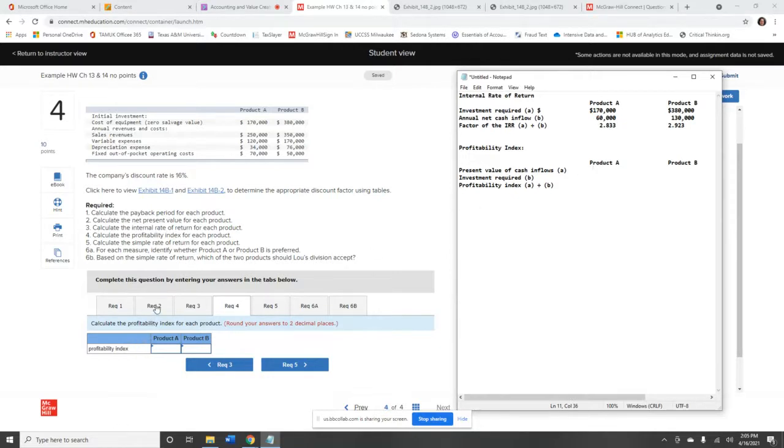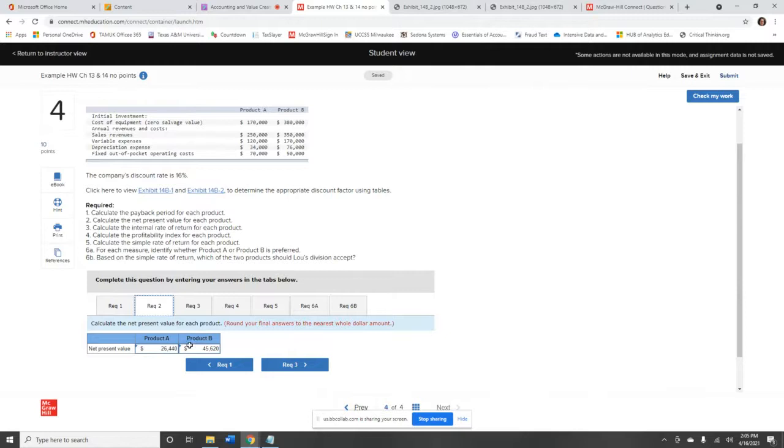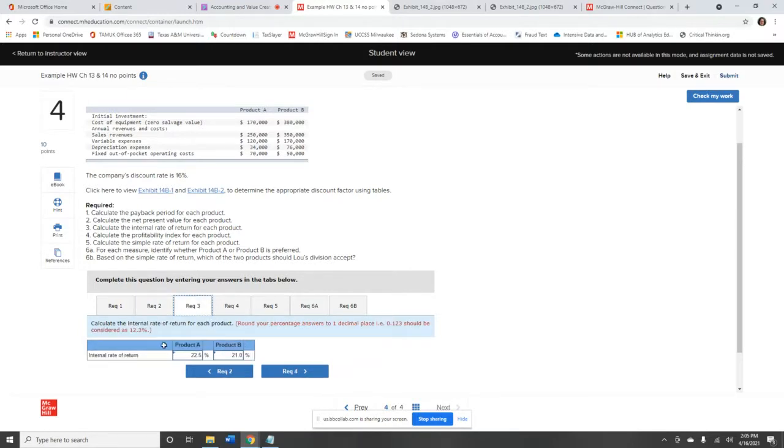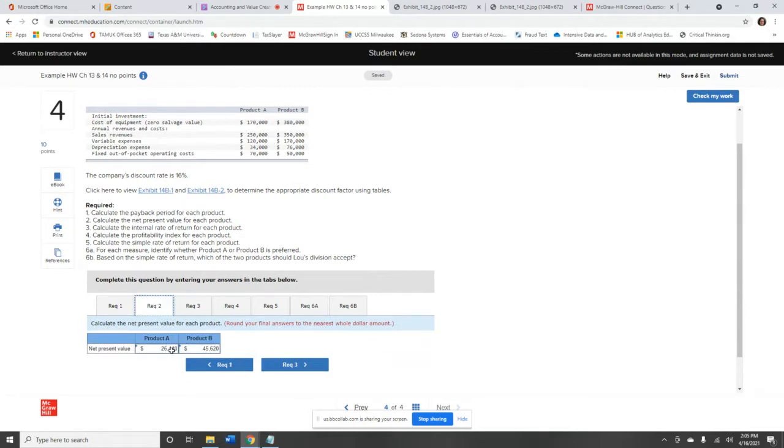We calculated that number when we did this problem here. Now that's the net present value of the whole thing, so don't use these numbers. Remember, we took out the investment to get that number. The number I'm going with is the present value of just the cash flows.